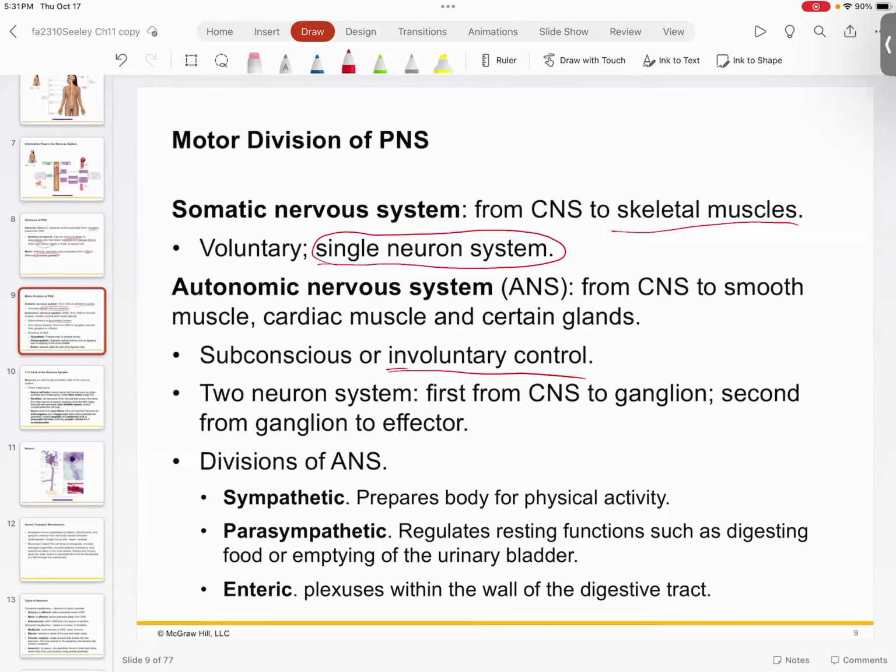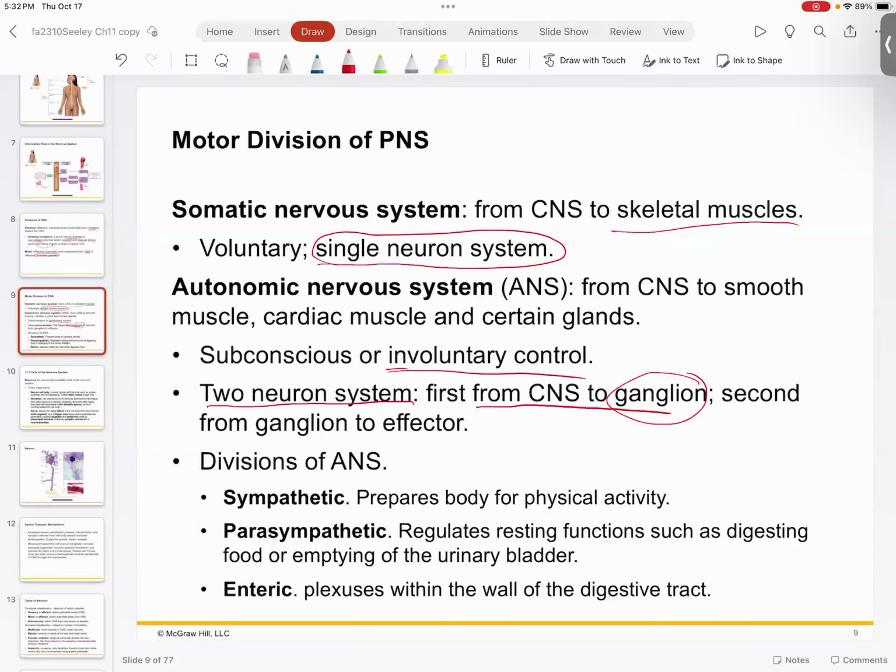Generally speaking, when you take a look at the autonomic nervous system as opposed to the somatic nervous system, instead of just having a single neuron system, you've got two neurons in your autonomic system. Basically, they're called preganglionic and postganglionic. Normally, the first piece is going to go from your central nervous system to a relay station, which is your ganglion.